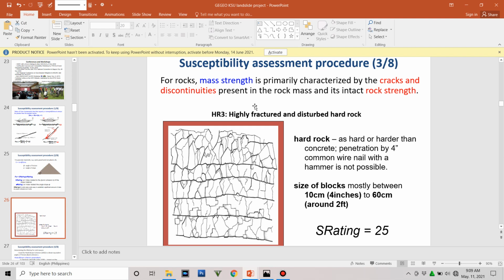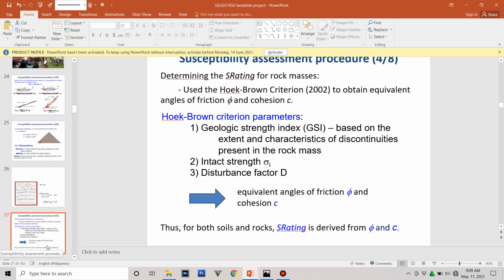We also have the disturbance factor and RQD, rock quality designation. The GSI, intact strength, and disturbance factor are equivalent to the angles of friction and cohesion in soils. So with this, your slope material could either be rock or soil.